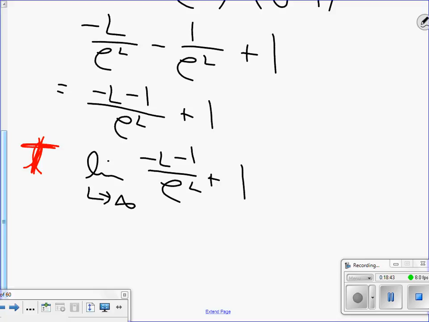Now, just a minute though, because I want to know how you guys knew it was 1 right away. You're not thinking of that rational function rule, are you? Because you're right, but I just want to make sure it's for the right reasons. If L is approaching infinity, do you see we'd have negative infinity over infinity?